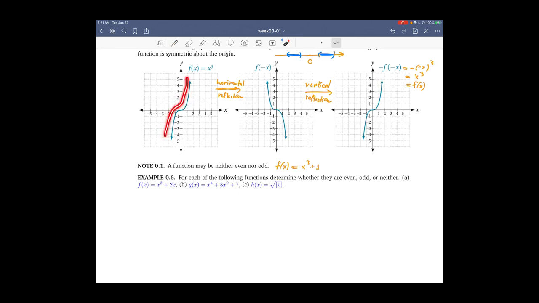You can immediately see that it's not even because the graph is not symmetric about the vertical axis, and it's not odd either because two transformations, vertical and horizontal, do not produce the same graph.